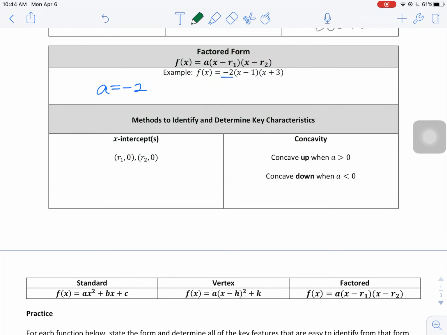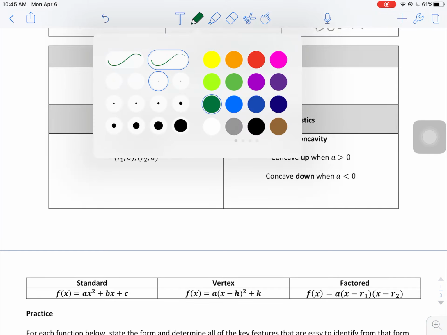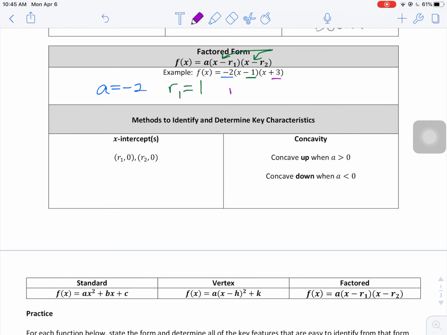R sub 1 is here, but remember, be careful. Look at your generic form here. You have built-in minus signs, meaning the R values are the opposite of the numbers you see in the parentheses. So your R sub 1 value is actually going to be +1, and then your R sub 2 value is actually going to be -3.